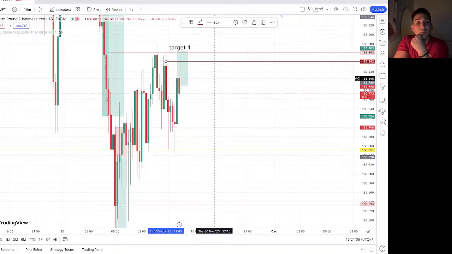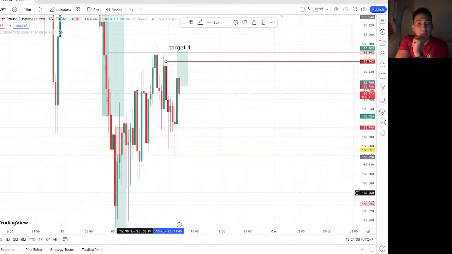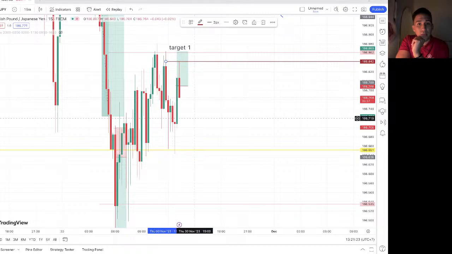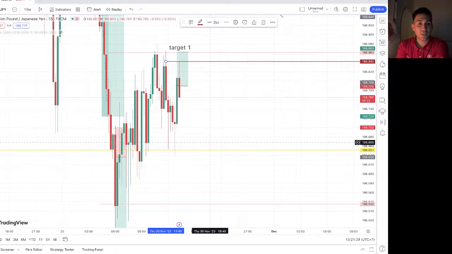But if you can see here, we're making high highs and high lows, high highs, high lows, but in here we start going lower highs but higher lows until this candle. So yeah, still ranging a lot. We need to wait to see what price wants to do. We're not rushing anything.